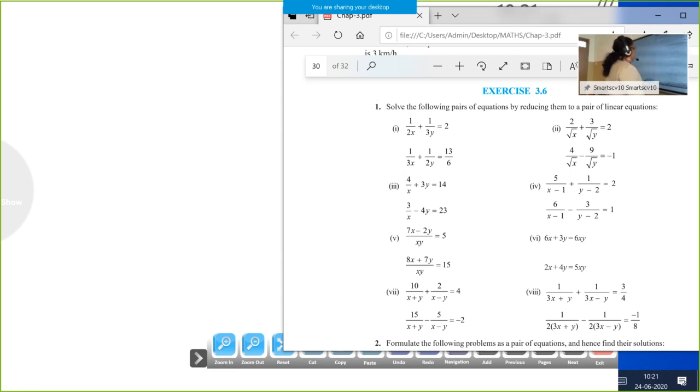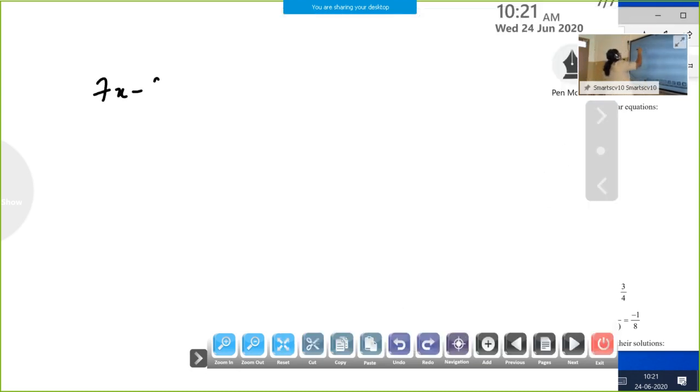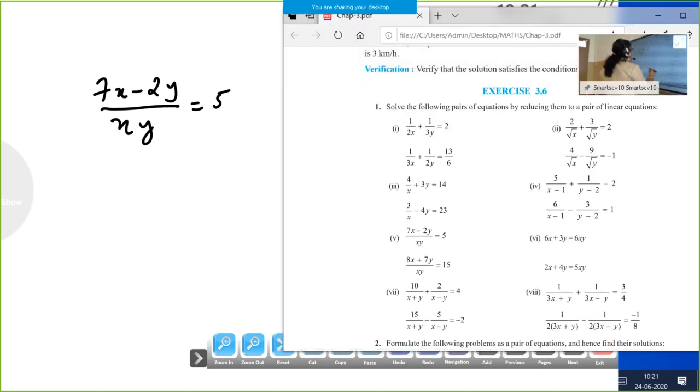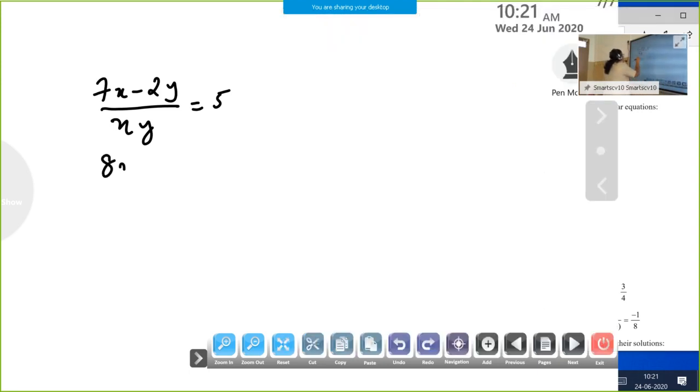Write the question: 7x minus 2y divided by xy is equal to 5. Then 8x plus 7y divided by xy is equal to 15.